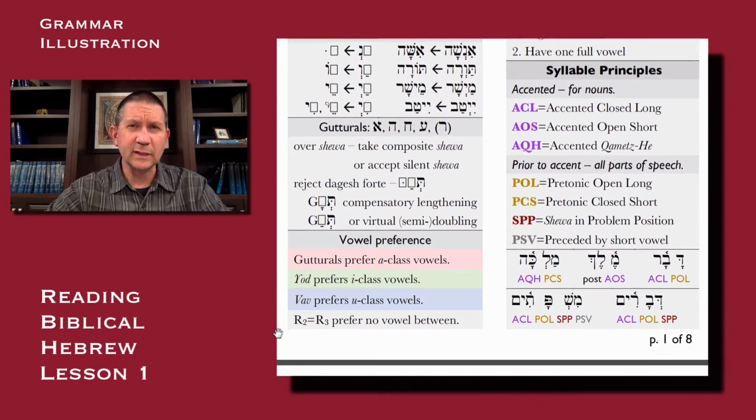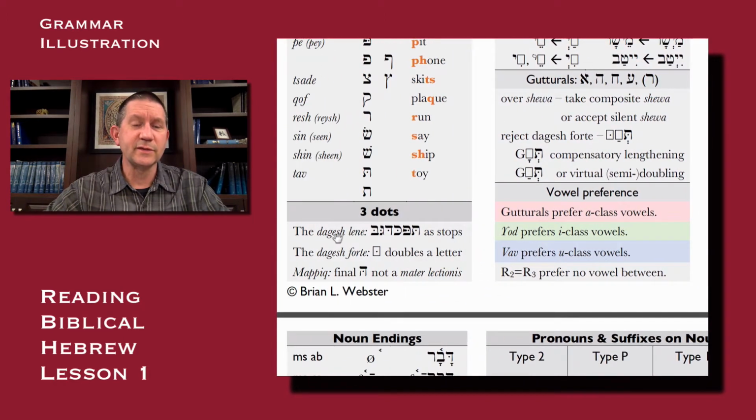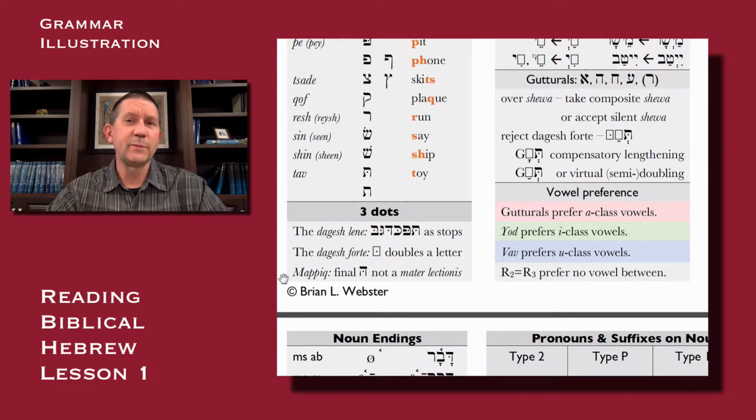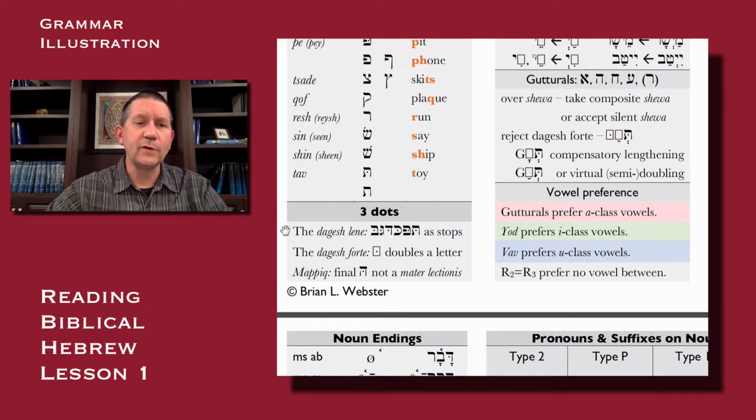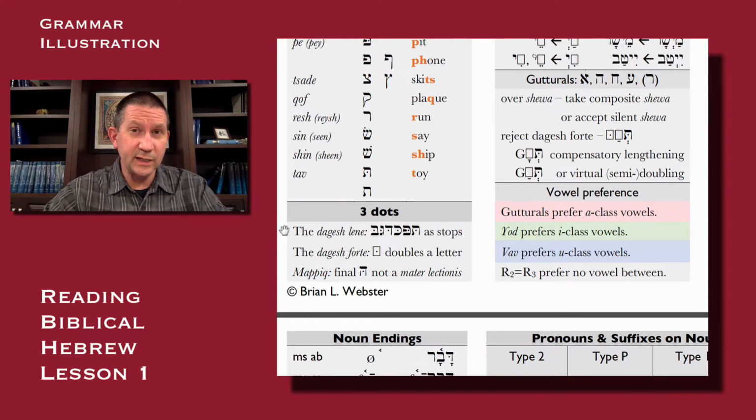As long as we're here, let's take a look at those three dots that we have to learn. The dagesh lene, the dagesh forte, and the mappiq. Now they're all dots and they all look identical, so what we need to do is learn the environment that they appear in so that we know what job is being performed. First, what is the job of the dagesh lene? Well, it's telling you that certain letters are to be pronounced as stops.